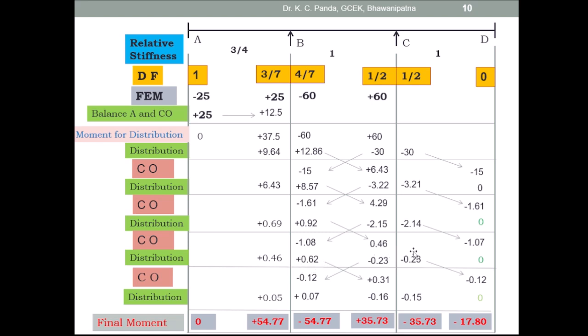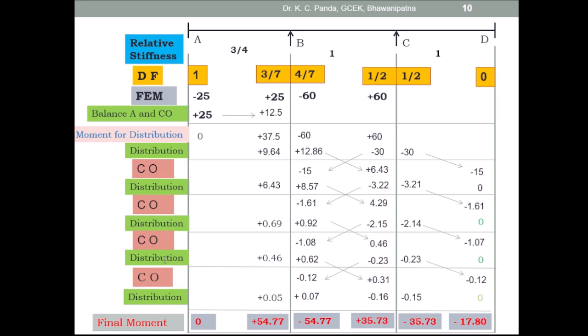Similarly the unbalanced moment at the joint C, that is 0.46, and this moment you have to distribute to both sides by multiplying with the distribution factor. So 0.46 into half, this is equal to minus 0.23, and 0.46 into half is equal to minus 0.23, and here minus 1.07 into 0 is equal to 0.